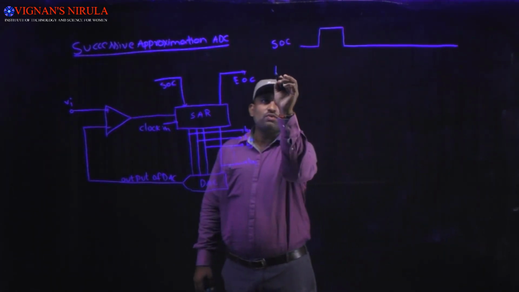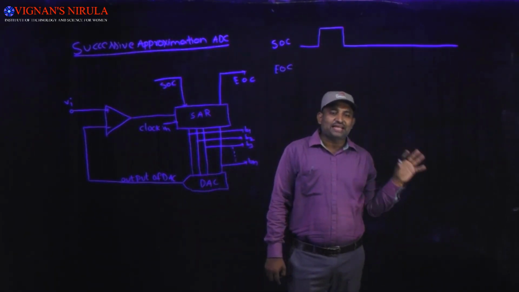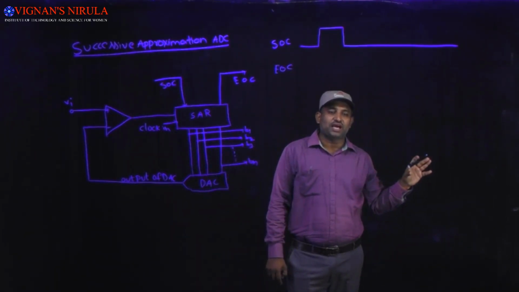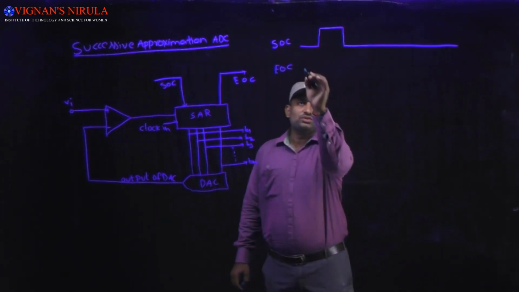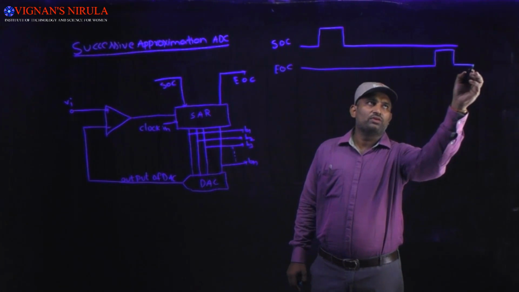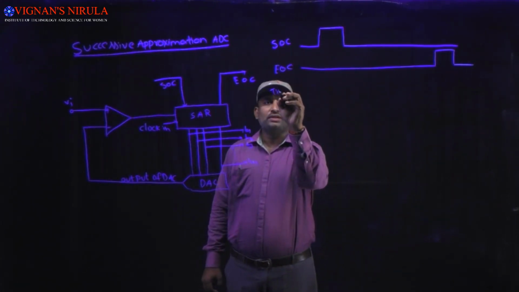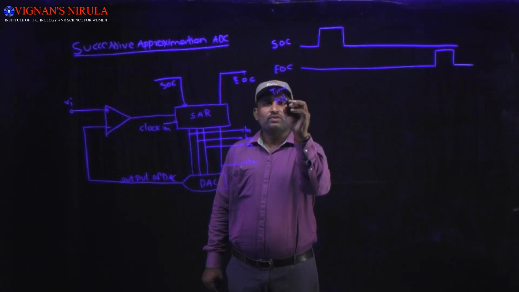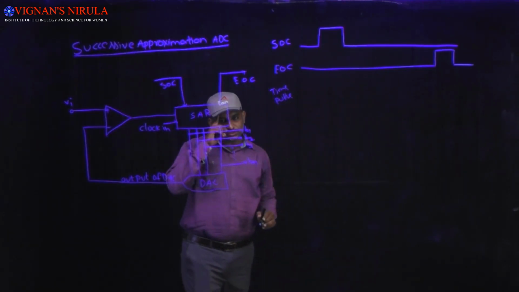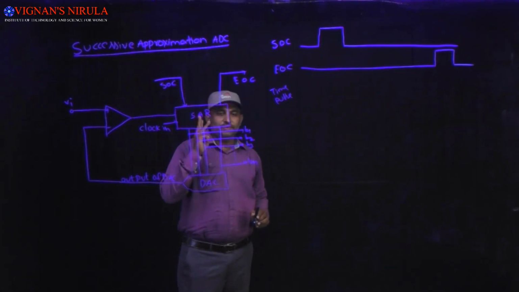And the EOC signal, whenever it activates, it indicates the end of conversion. So EOC is activated here. And next, the time pulses. Here I am going to explain this successive approximation for 3 bits.